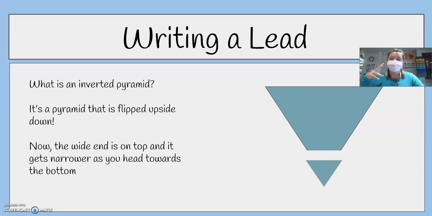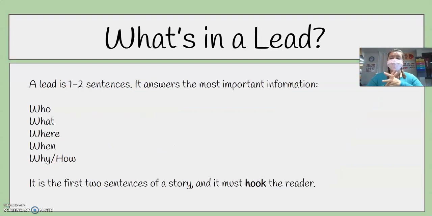The reason they did this is that in the past, before things were digitalized, if a story was too long, they could just chop off the bottom and it wouldn't affect the outcome, because all the most important information was already given to you. We'll get into more of that later. We want to start just with the very beginning, that wide branch of a story.